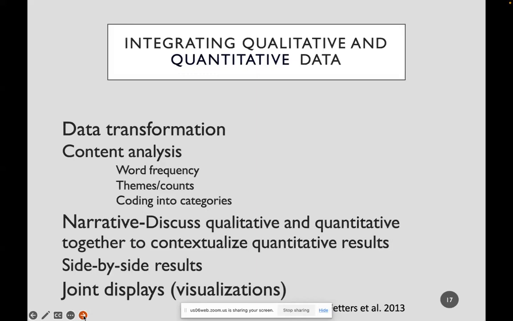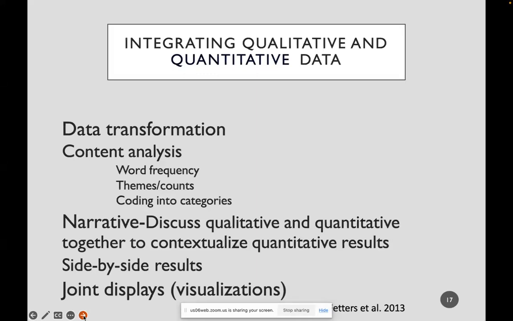Side-by-side results. I've seen this primarily when HIAs have been done by maybe toxicologists or epidemiologists, folks who are from the sort of right brain side of the public health sphere, and really wanting to look at what you found from the quantitative right next to what the community said, and trying to reconcile those, right?